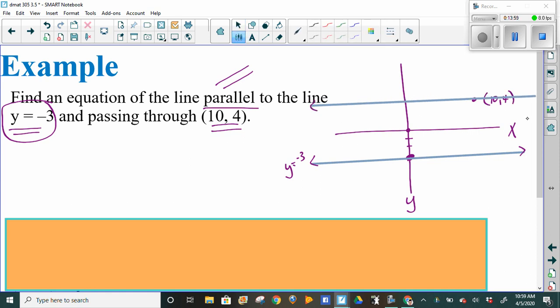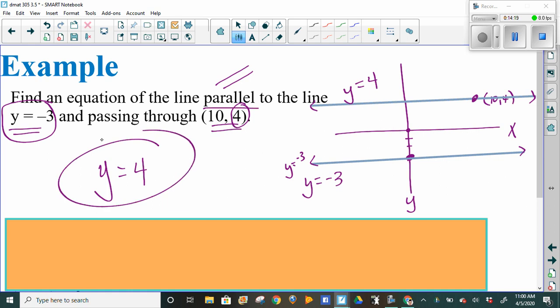Now we have two parallel lines, or a set of parallel lines. And if this equation is y equals -3, then this one has to also be y equals. But what does y equal? It equals the y value of the point, y equals 4.